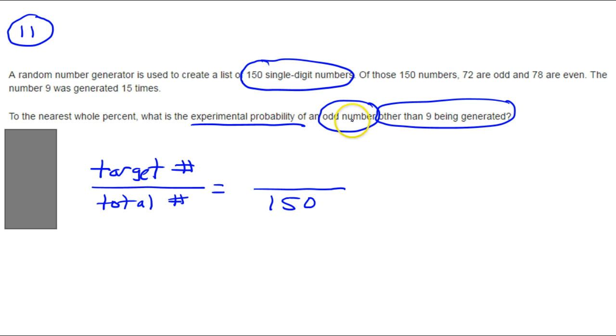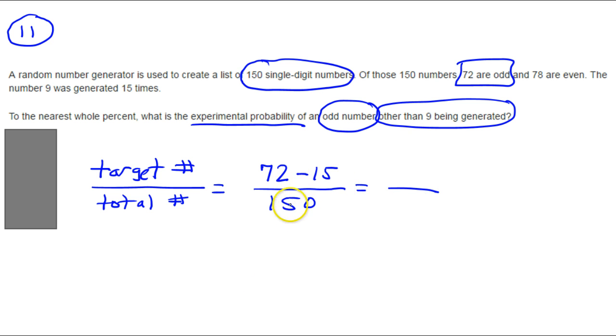Now, the target is odd numbers other than 9. We know that there are 72 odd numbers, but we want the ones other than 9. The number 9 was generated 15 times, so I need to subtract 15 if I want odd numbers that are not 9.